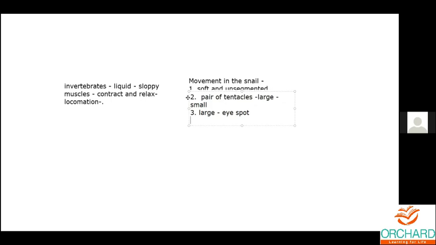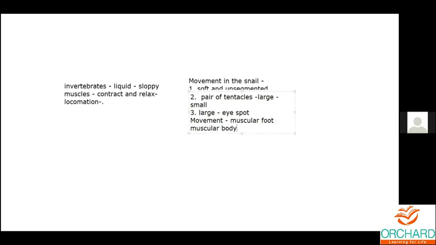Now coming to the locomotion, the movement of the snail. How does the snail move? Snail moves with the help of muscles, not any bone. They have a muscular foot, and also a muscular body.